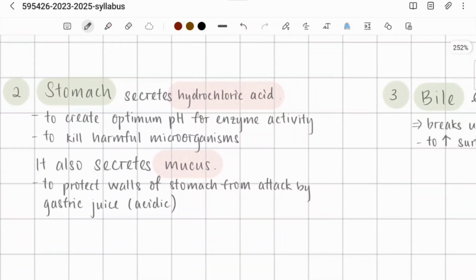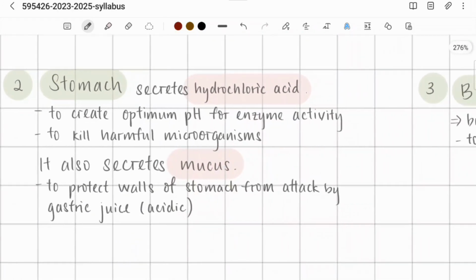After the chewing action by teeth, we have the churning action in the stomach. Why do we say that the stomach involves physical digestion also? Because the stomach secretes hydrochloric acid. This is to create the optimum pH for enzyme activity.